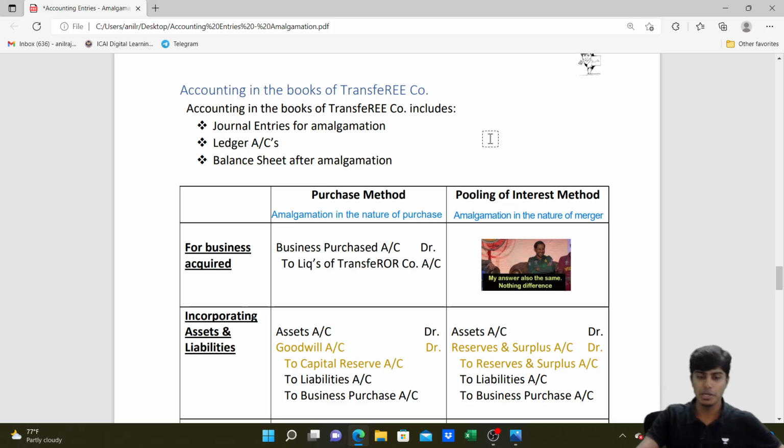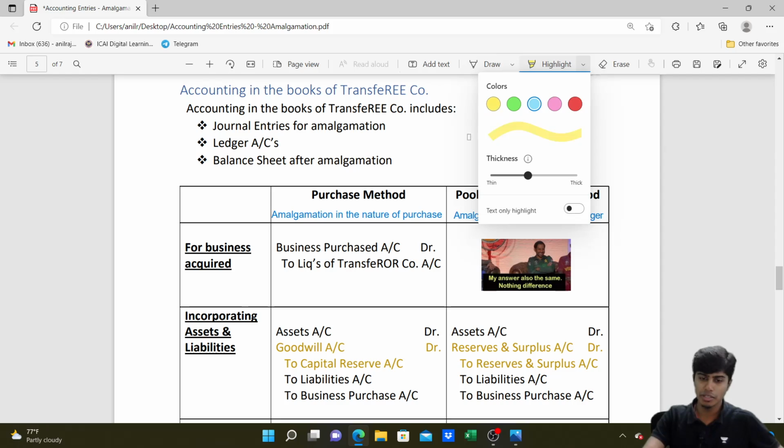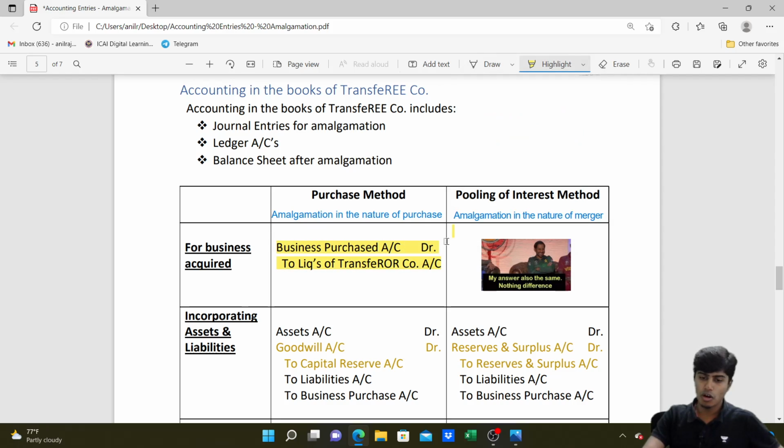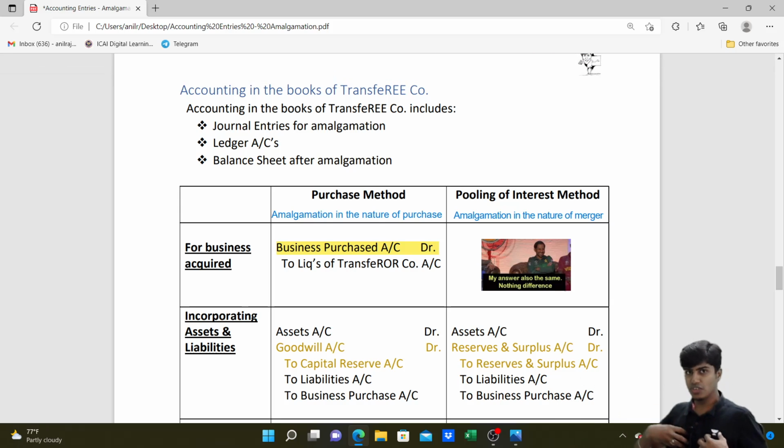Such box is received by transferee. So transferee will write business purchase account debit. For purchasing this business from transferor, transferee should pay purchase consideration. To whom? Transferor. The transferor's business is closed, but the liquidator is there, no?